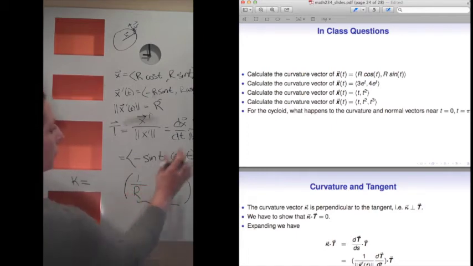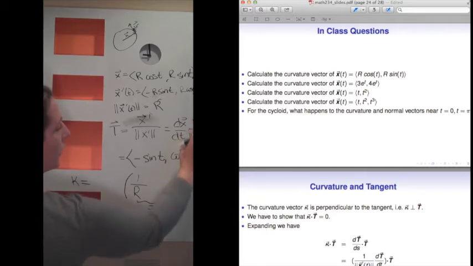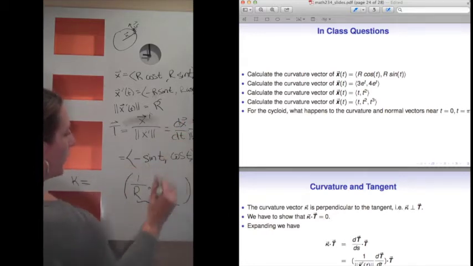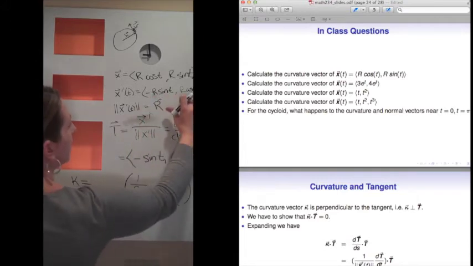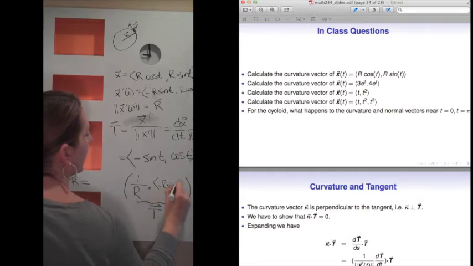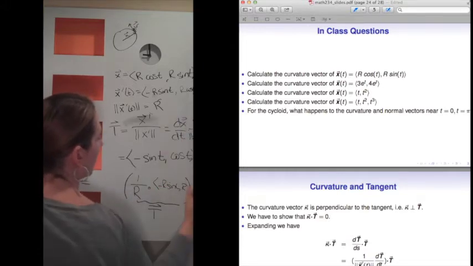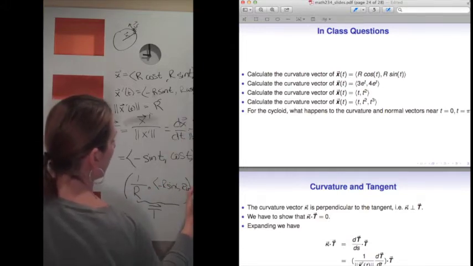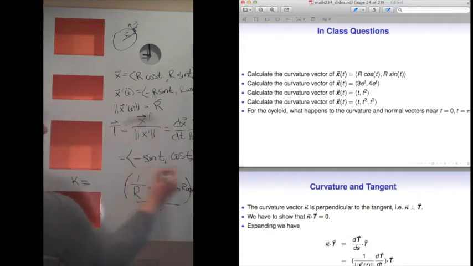So I have this guy here, 1 over r, and then I have dx dt. So that's this vector here. And that's the same thing as I just computed.